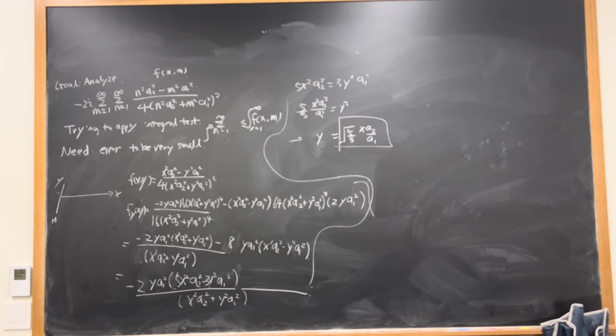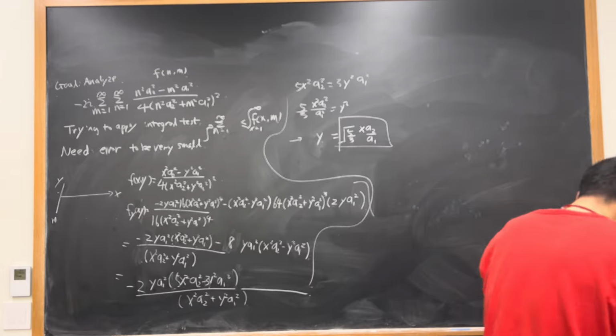I think we are in the case of a double integral, right? So what will work for the double integral? Is there a Riemann sum estimate for the double integral?